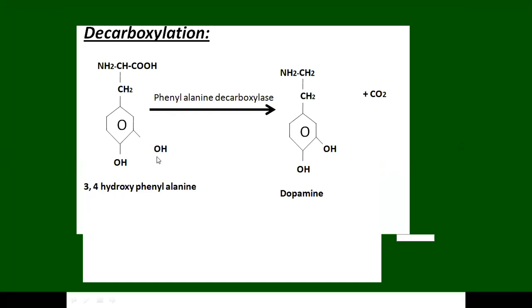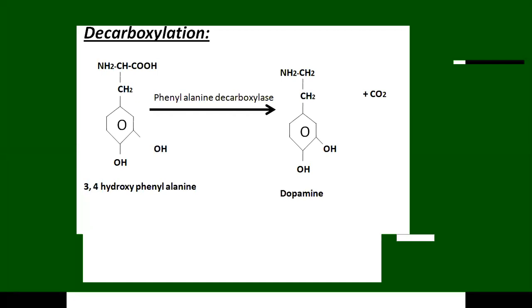So now you can see here, this is another amino acid, tyrosine, which is 4-hydroxyphenylalanine. The enzyme is a decarboxylase, and here carbon dioxide is produced, and now it is known as dopamine. What is the function of dopamine? Dopamine works as a precursor of hormones.